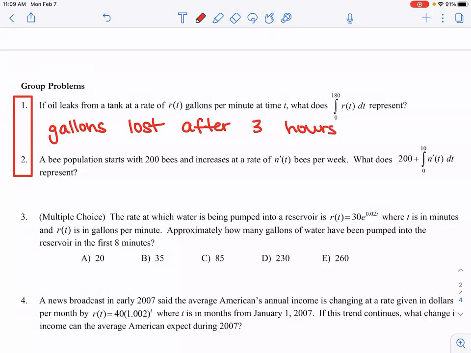I saw some people just have gallons written. That's not enough information for me. And you know what? I would actually maybe would even prefer after the first 3 hours. So that was specifying, hey, this is from the beginning. Or maybe you say gallons lost from time t equals 0 to t equals 180, or the first 180 minutes.